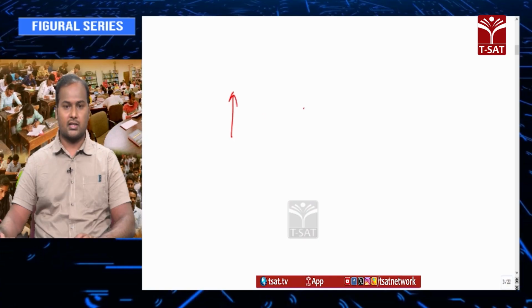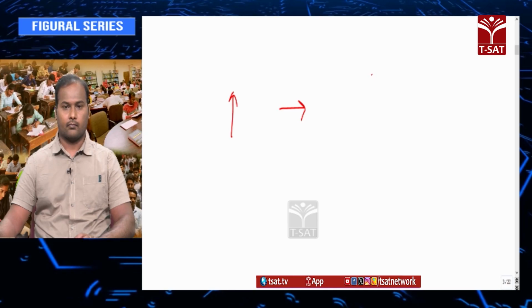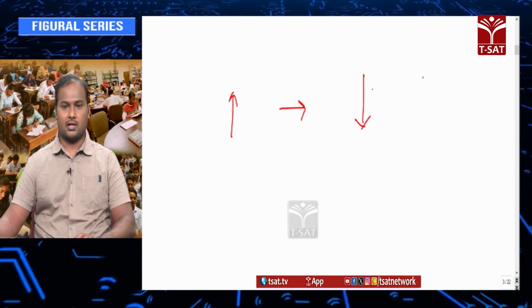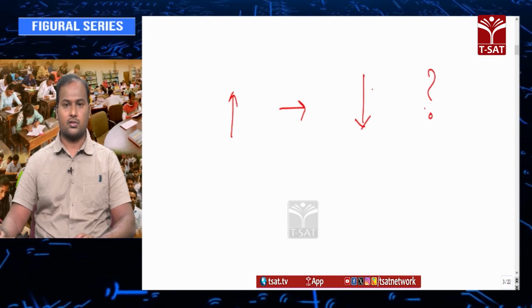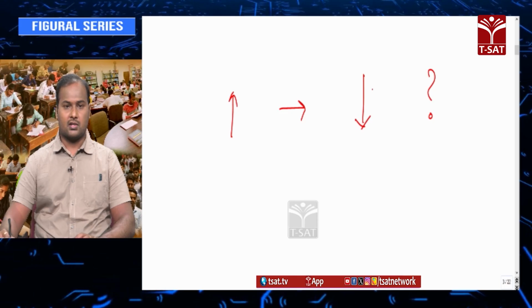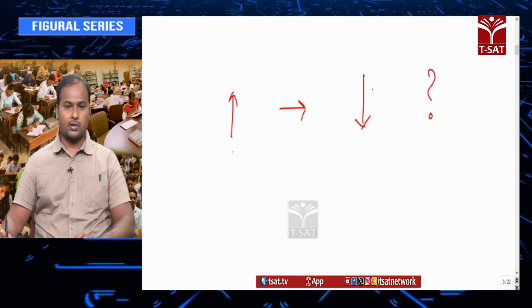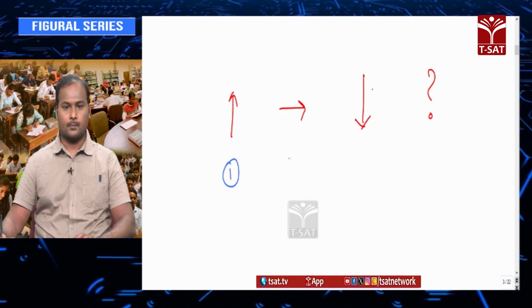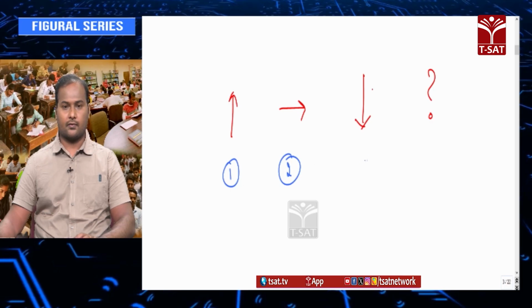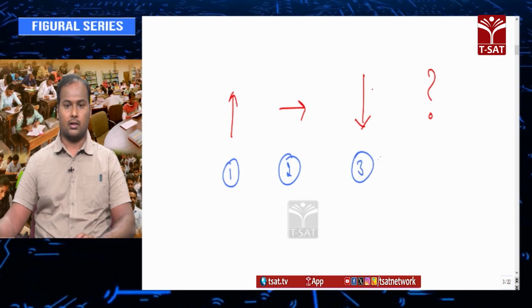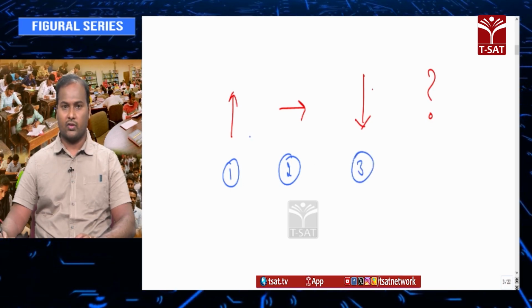Imagine there is one figure like this, and in the next figure it is given like this, and the next one is asking what the next figure is going to be. In a series, observe the change from figure 1 to figure 2 and from figure 2 to figure 3, and you need to get the answer for figure 4.